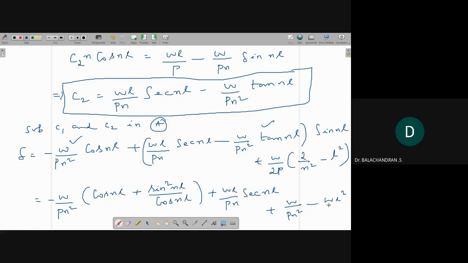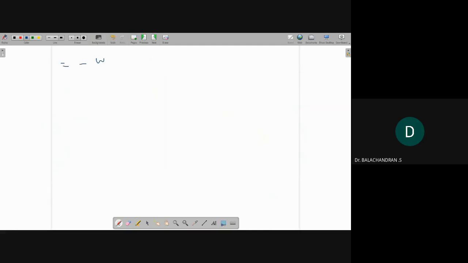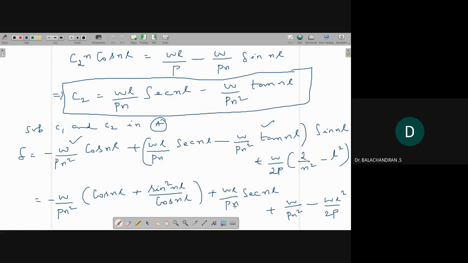So this is nothing but cos square plus sin square theta is 1, 1 by cos theta, that is secant theta. So minus omega by Pn square into secant theta, secant Nl plus omega by Pn into tan Nl.